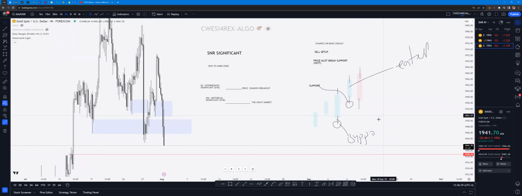Good. So let's say we have price. You can see over here, price failed to break this. We call it out: this ISL failed to break this support, or price failed to break this support.